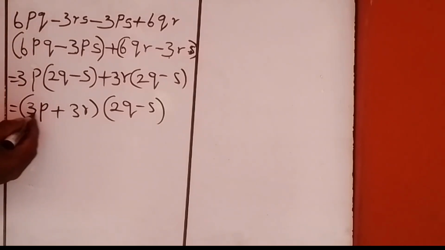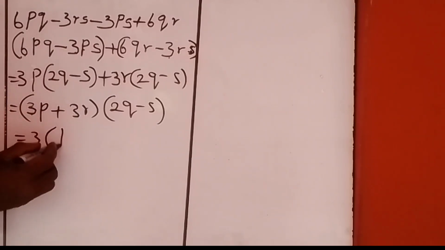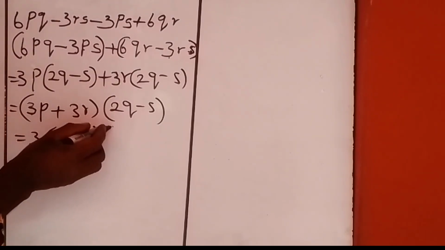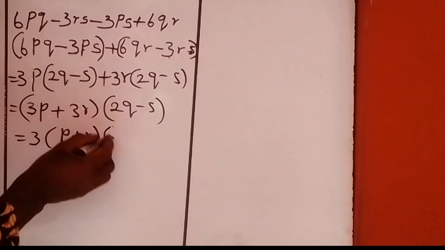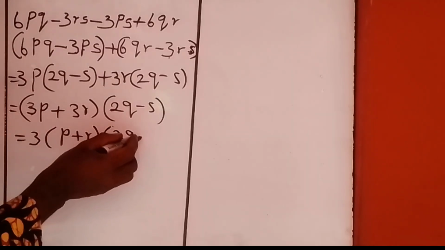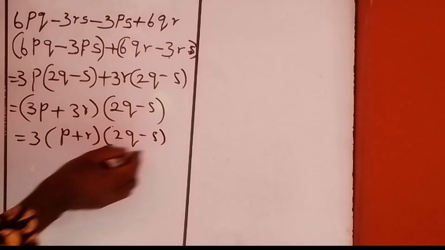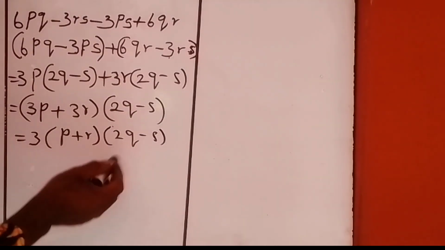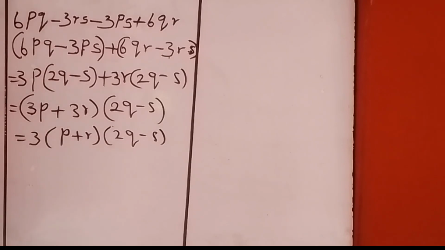You can also see that 3 is common here, so you can bring out the 3. If you bring it out, you are going to have 3, open bracket, P plus R, then close the bracket, then open another bracket and write 2Q minus S. So with this, you have completely factorized the expression, and this is perfect.